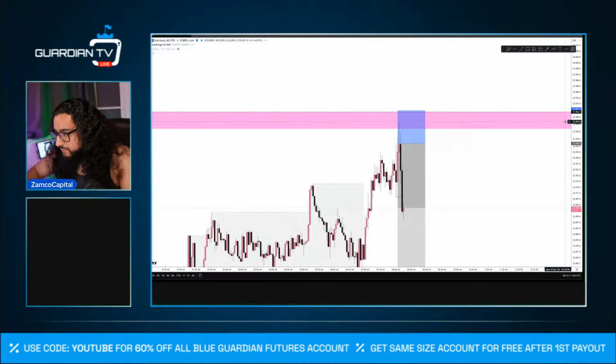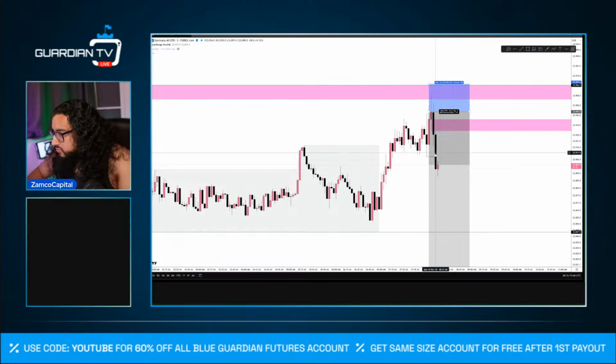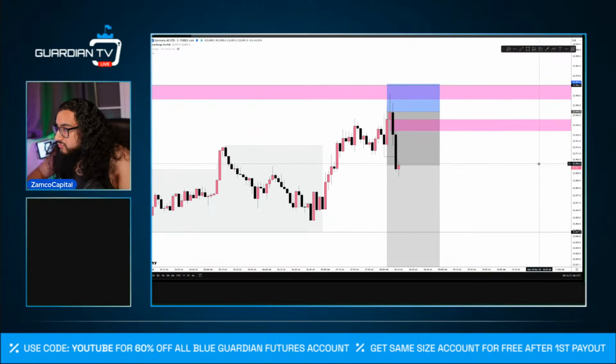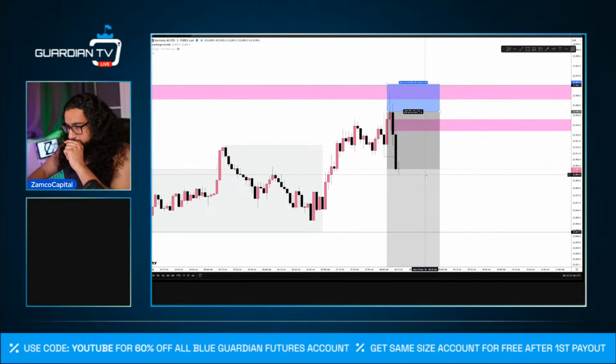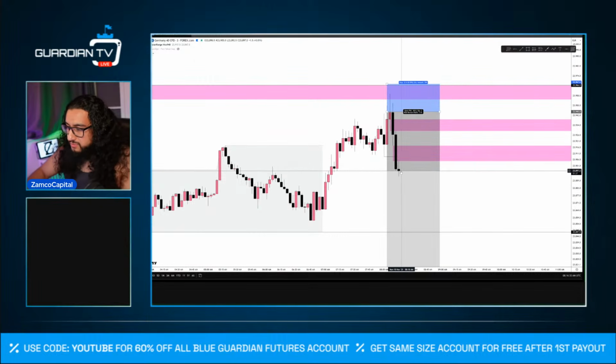Let's see. On the 3 minute, we have this 3 minute inefficiency right here, which we could tap into. And we are currently creating a 3 minute inefficiency as well. We still got 1 minute 40 left. For example, look, this isn't an inefficiency yet because this candle hasn't closed.